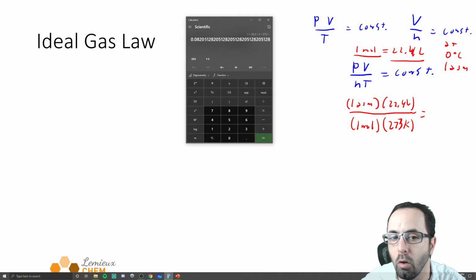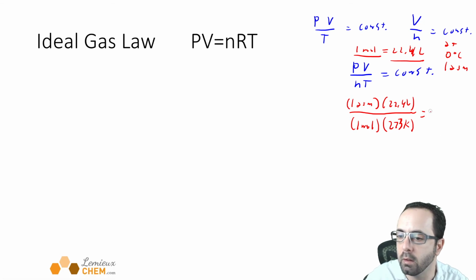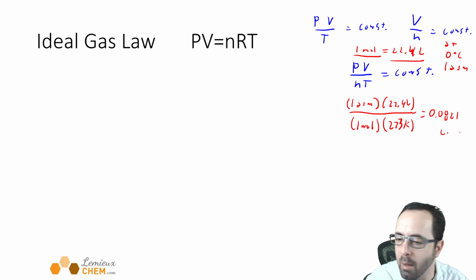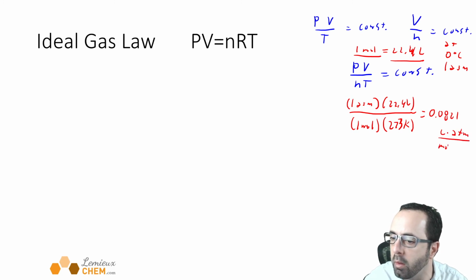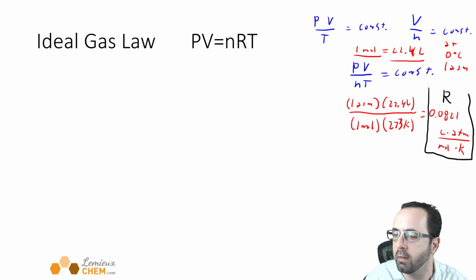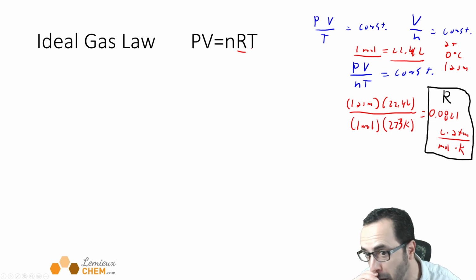And we get 0.0821 to 3 sig figs, and the units here are liters, atmospheres on top, moles on the bottom, and Kelvins on the bottom. And this is called R, which is the ideal gas constant. And so that is this R right here. And that's where it comes from.